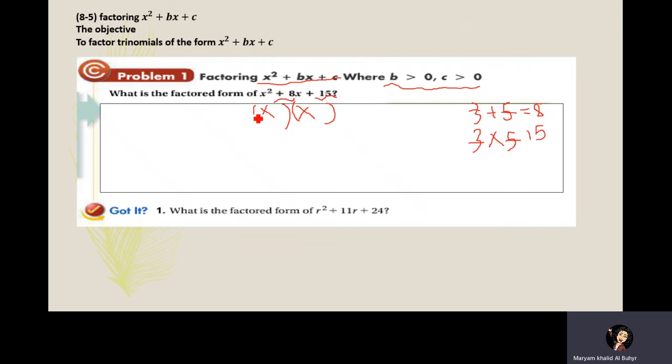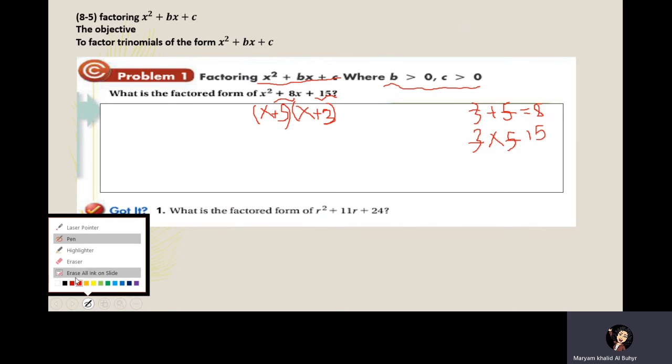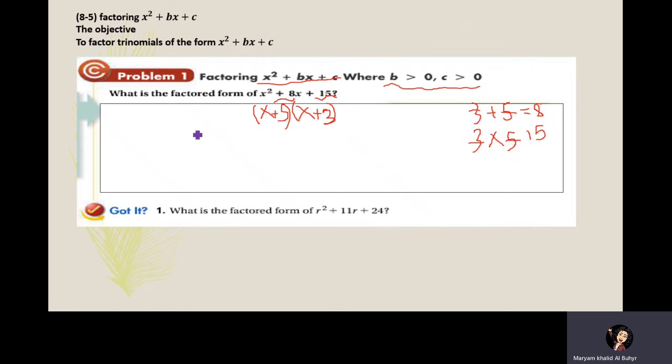So just open two parentheses, these are the factors: x plus 5, x plus 3, done. You want to check your answer? You can check your answer by multiplying them again and going back to this one.